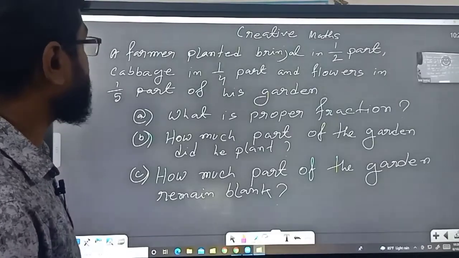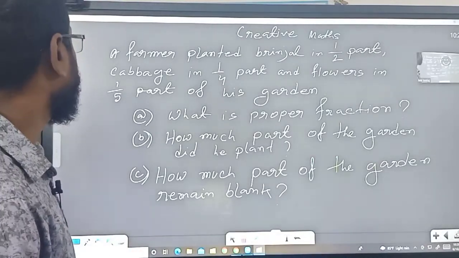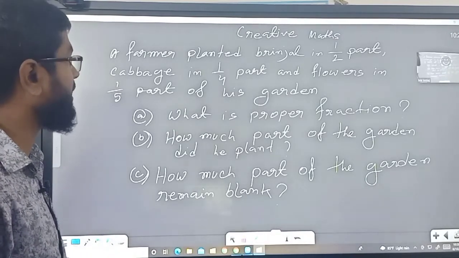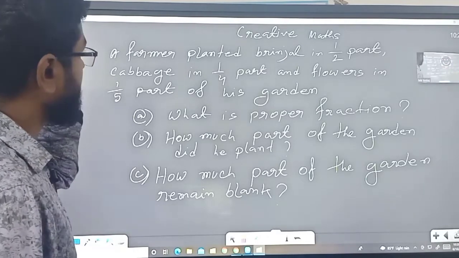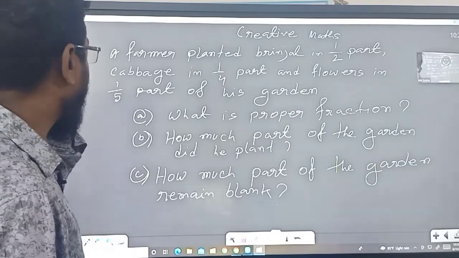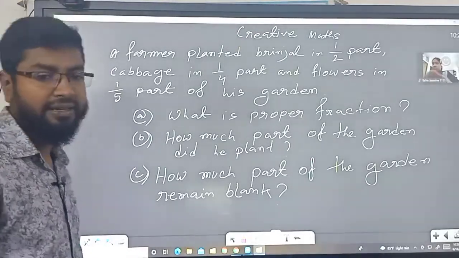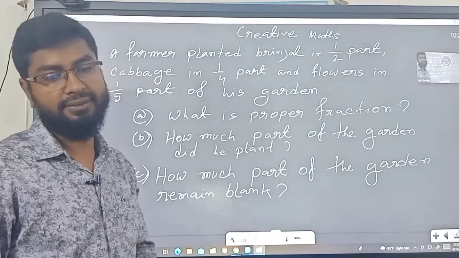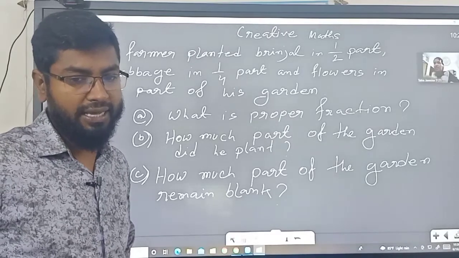A farmer planted brinjal in 1/2 part, cabbage in 1/4 part, and flowers in 1/5 part of his garden. You have to write.